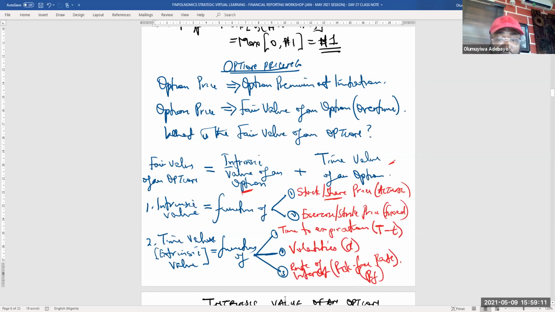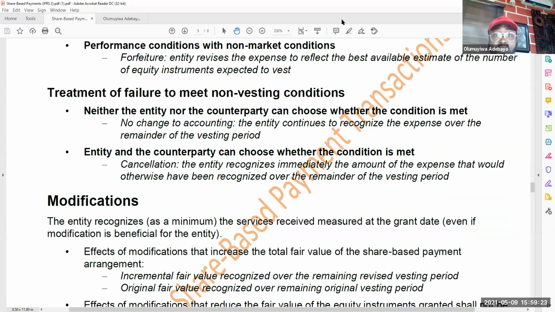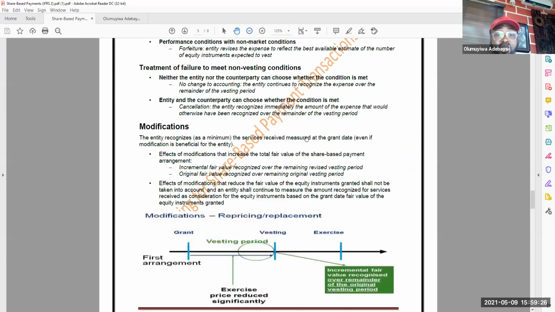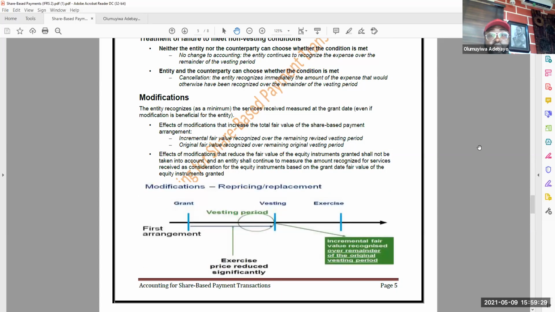Okay, therefore we can continue with our discussion and we'll move to modification. Now, it's critical for us to have better appreciation of this. Modification of a share-based payment scheme or transaction implies that you are more or less either increasing or reducing the value of the scheme to your employees.